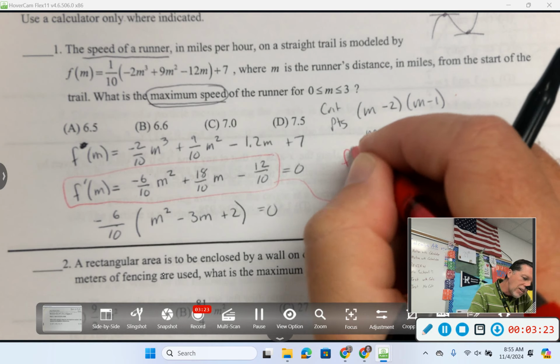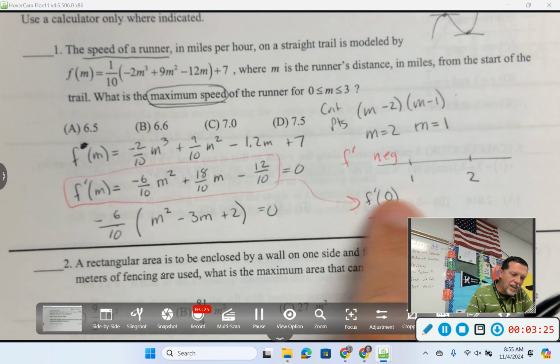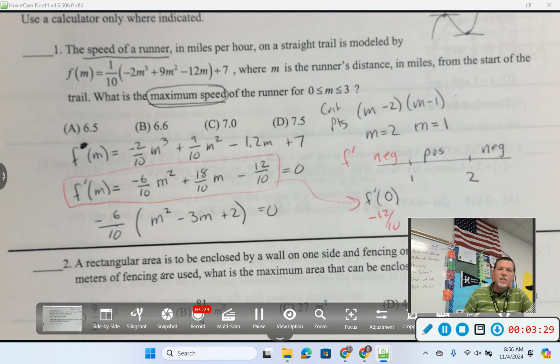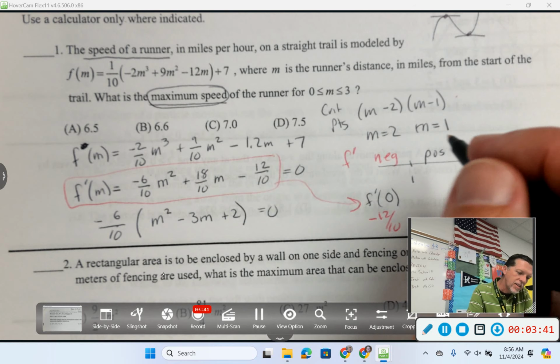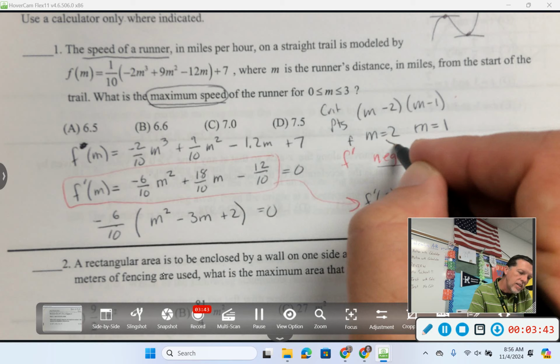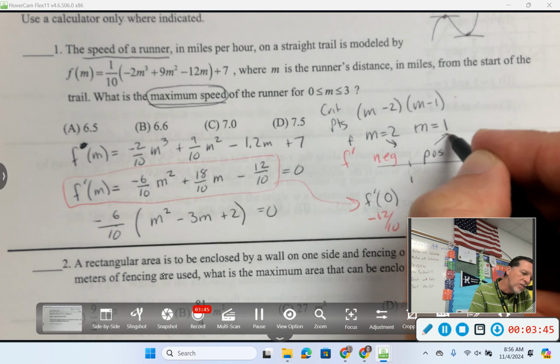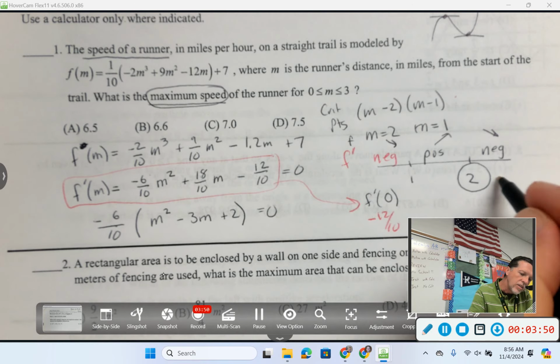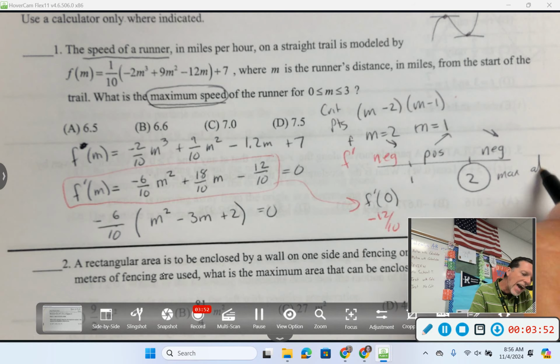So that means f prime is negative, and then I'm just going to alternate: negative, positive, negative for f prime. So what am I looking for? I'm looking for a max. That occurs when the slope changes positive to negative. So the max is at m equals 2.